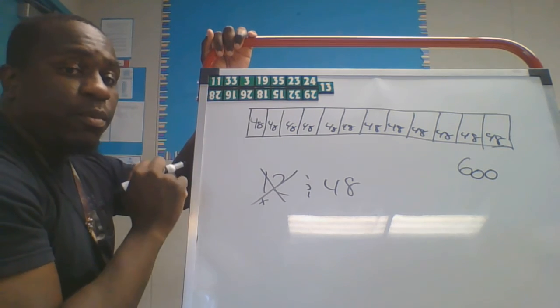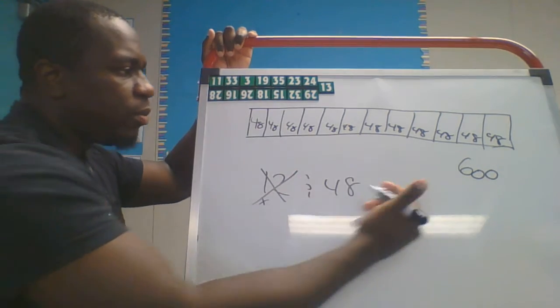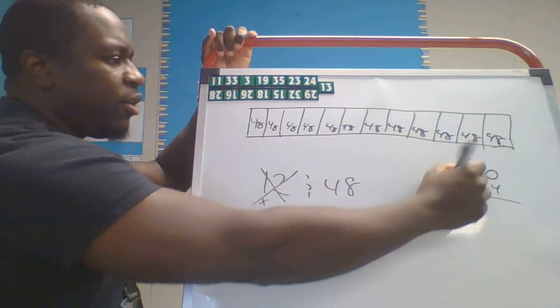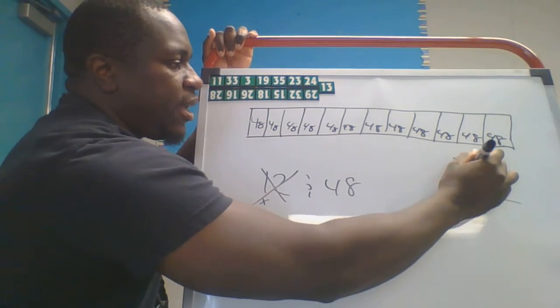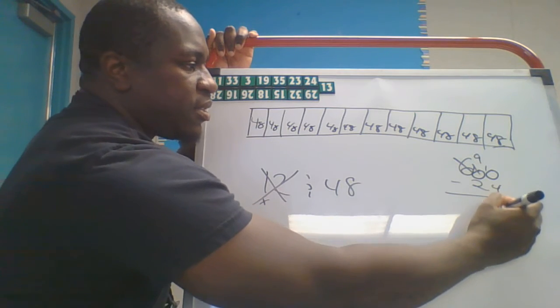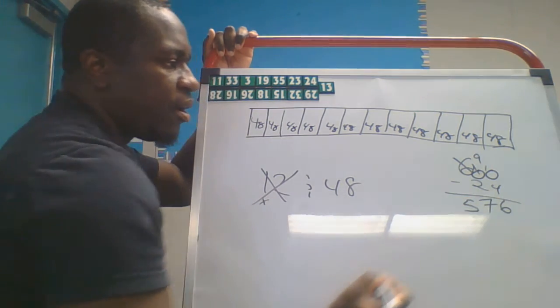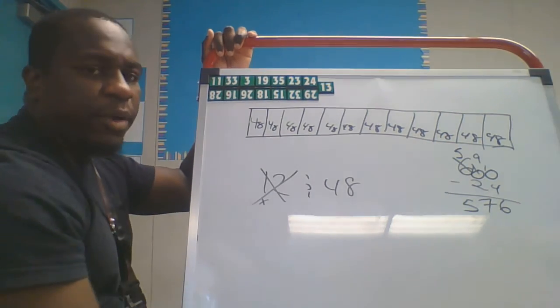So I added two extra every time. So 2 times 12 would be 24. I can subtract 24 here. So if this is confusing, don't worry about it. You don't have to do it this way. But this is just another option. 600 minus 24 is 576. So we get the same answer no matter which way we go about it.